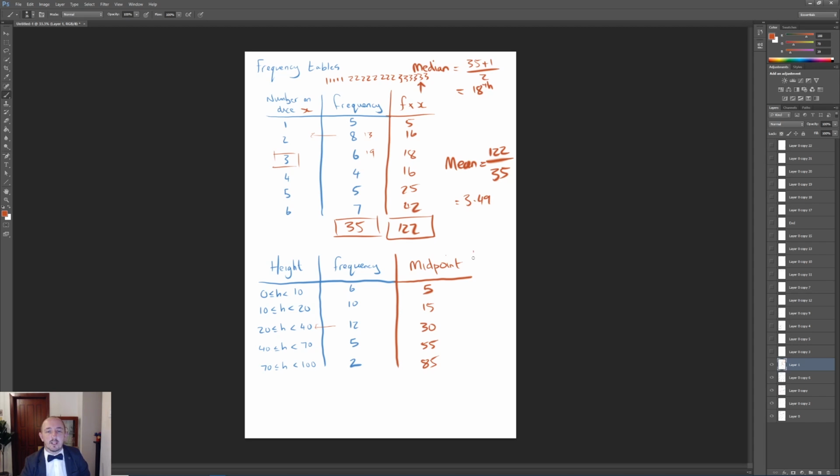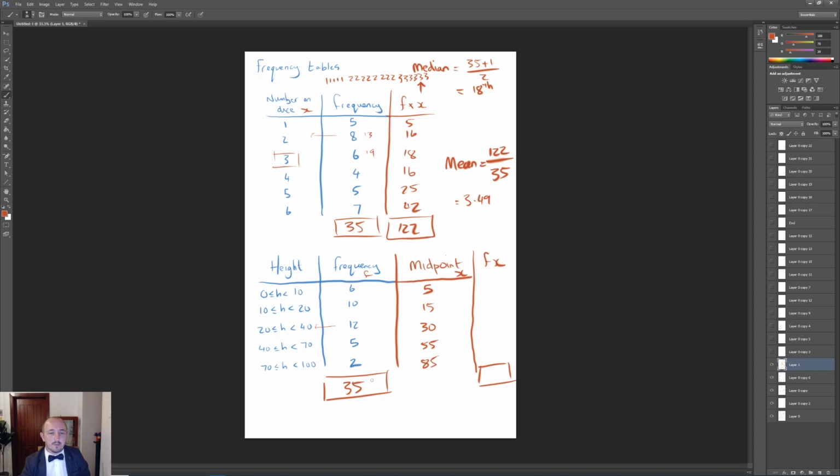And then once we've done that, we can actually work out the f times x. So this is the new x now that we've worked out the midpoint, and this is our frequency. So you do the exact same thing, add up the frequencies, add up the f times x column, and you divide those two.